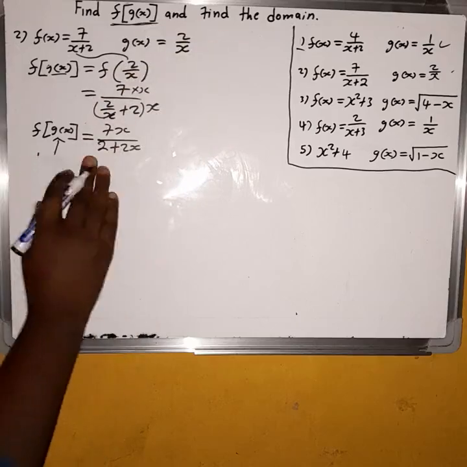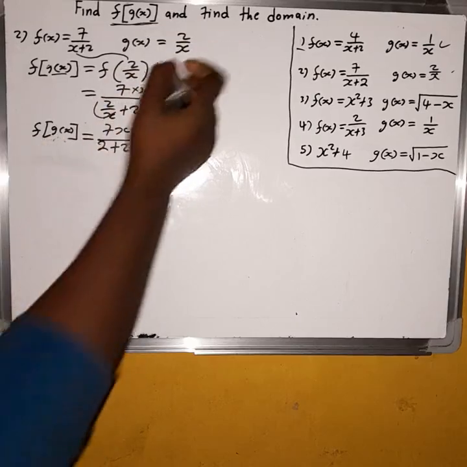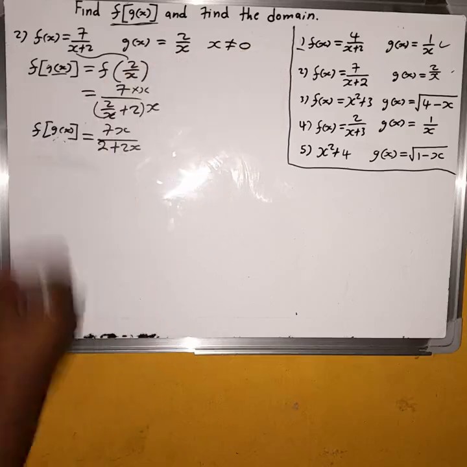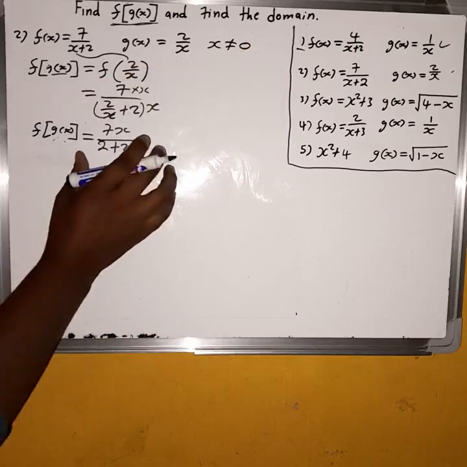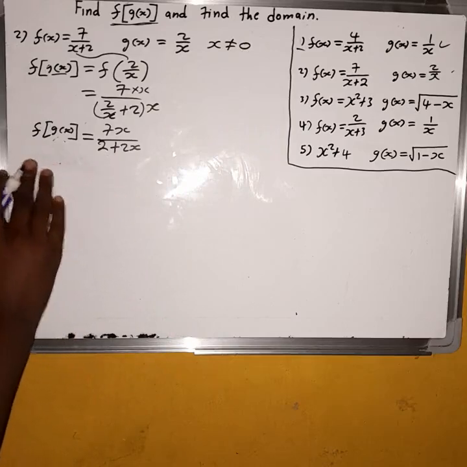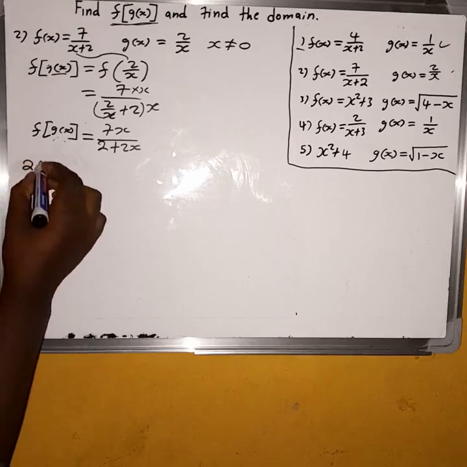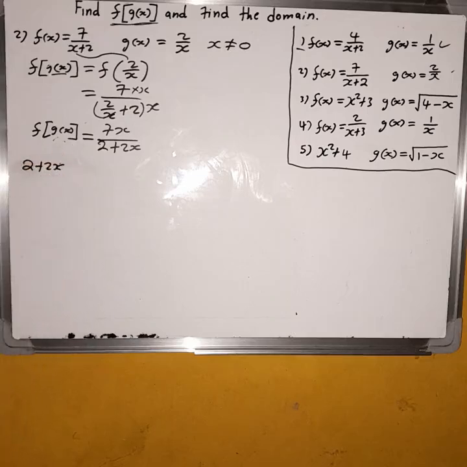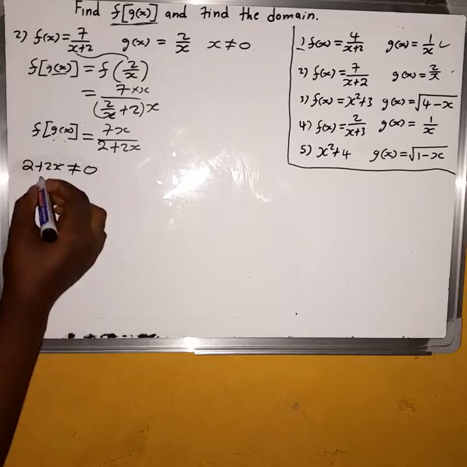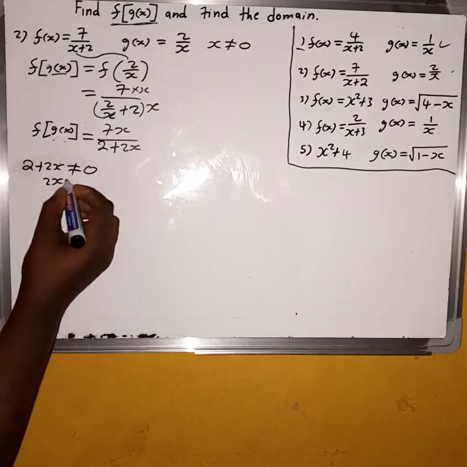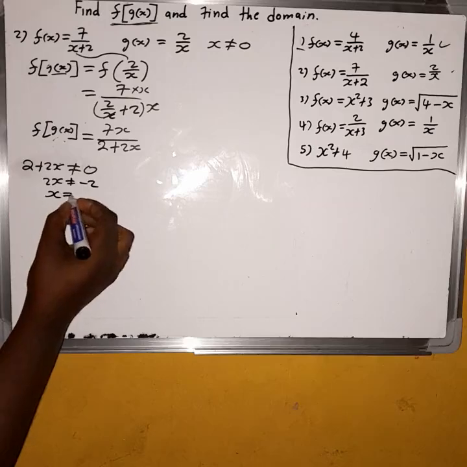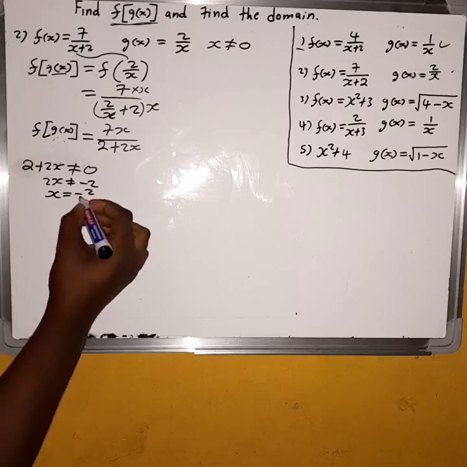Then we check the restrictions. g of x must not be equal to 0 because this is a fraction. The restriction here is 2 plus 2x must not equal 0. Then 2x must not equal minus 2. Divide by 2 on both sides, minus 2 divided by 2.